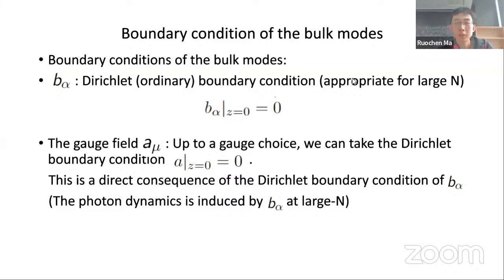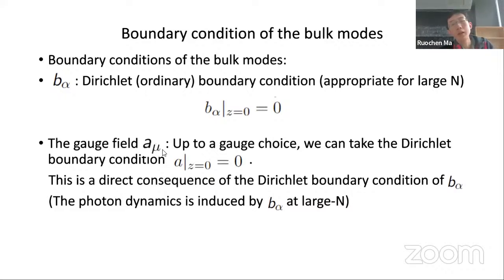For the boson, it turns out that the appropriate boundary condition is the Dirichlet boundary condition, also known as the ordinary boundary condition. Which means that I require the boson field to vanish on the edge of the system. The reason is that in 2+1D, the Dirichlet boundary condition is the only appropriate boundary condition when we consider the large-N limits, and I'll explain shortly.